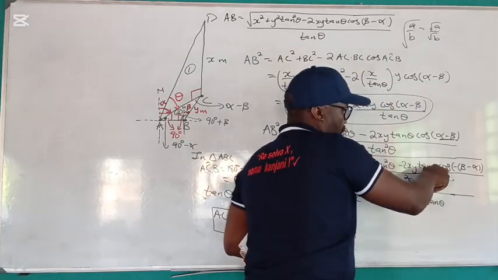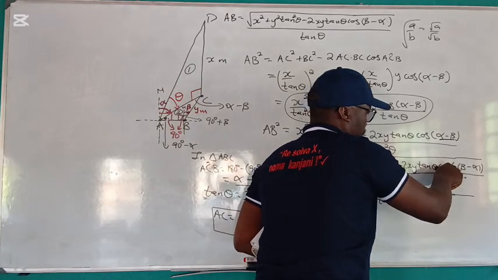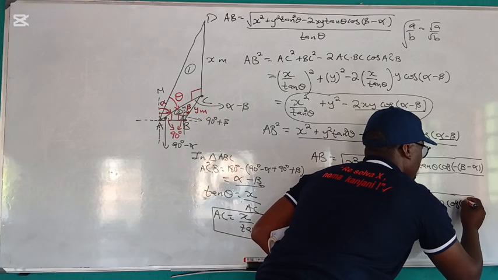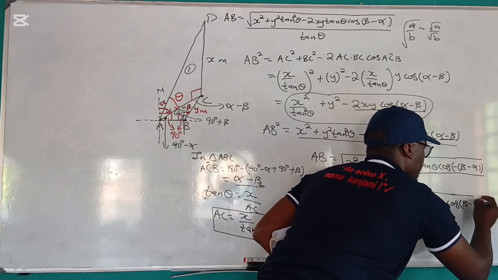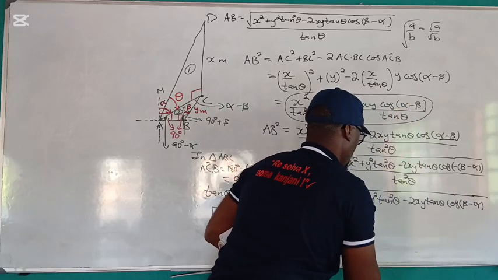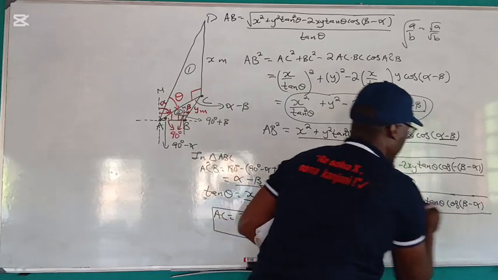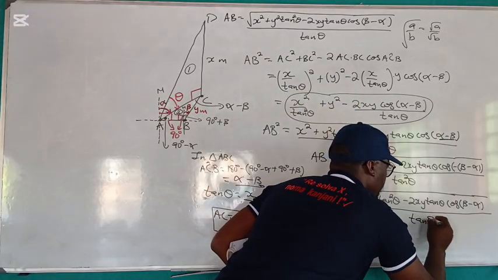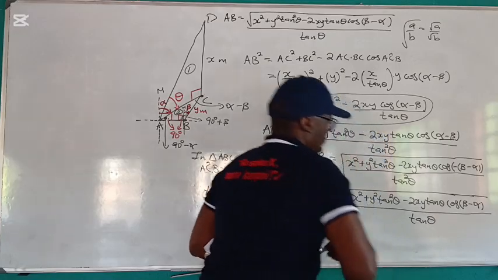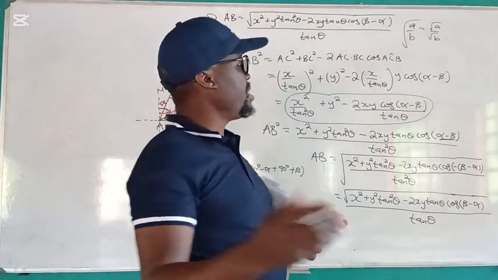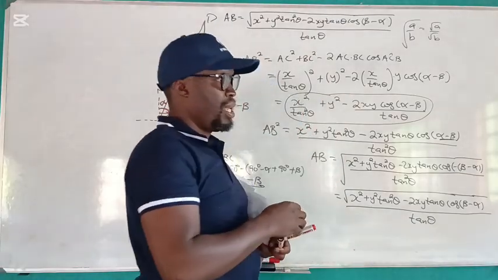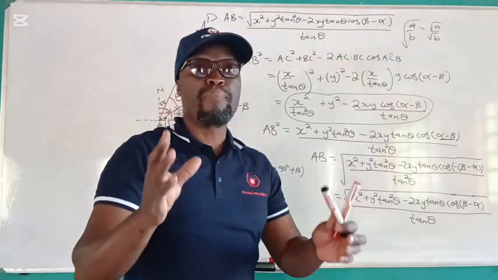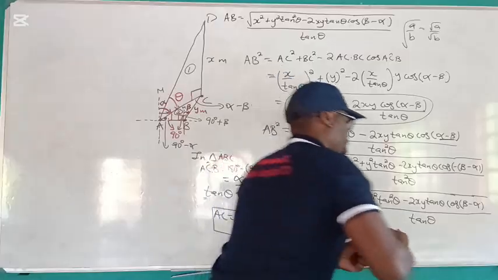Now we've got cos of a negative angle, which is just cos of beta minus alpha, all divided by tan theta. Now, as you can see, we have managed to show that. Therefore, we qualify to obtain the maximum available marks.